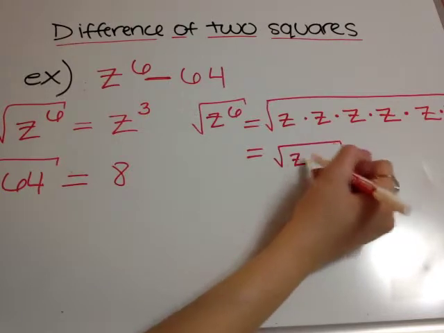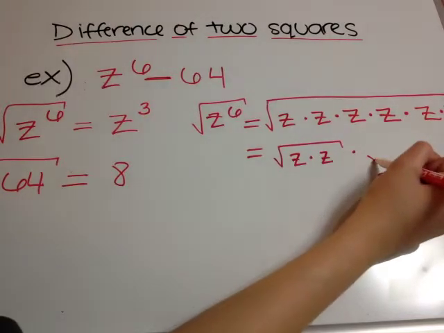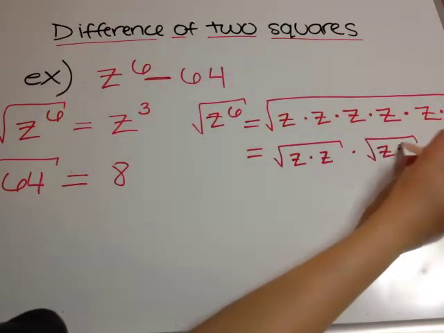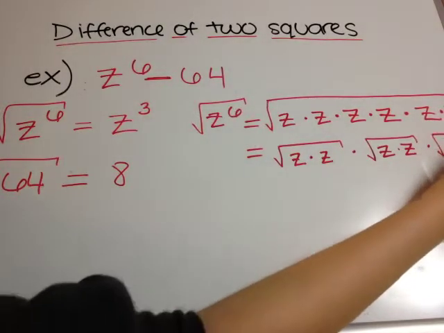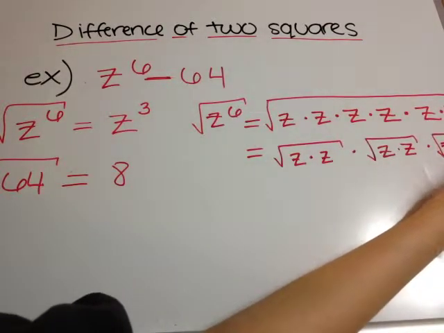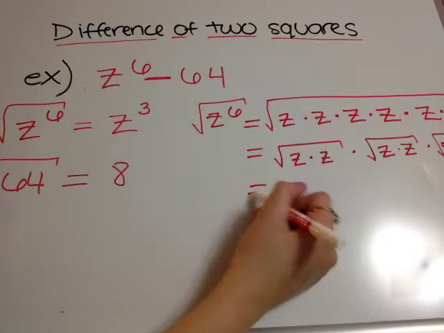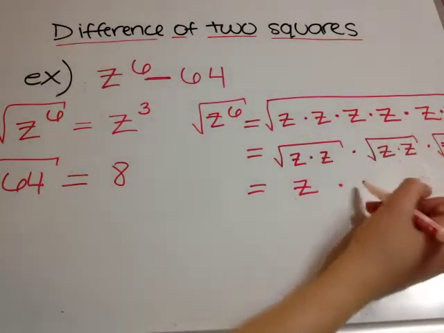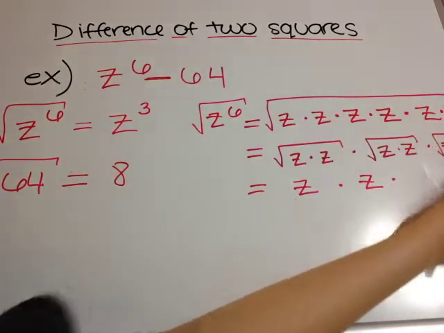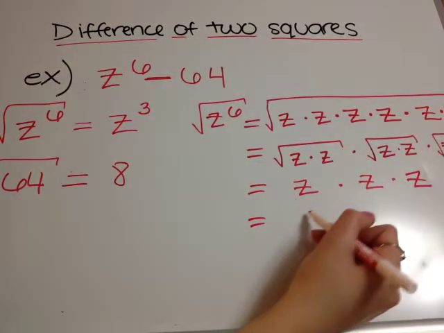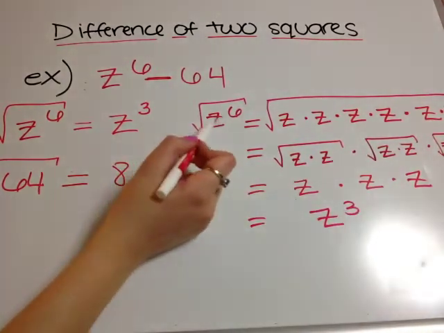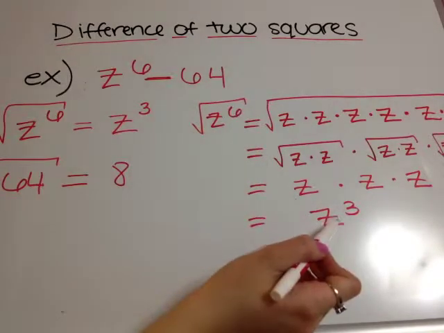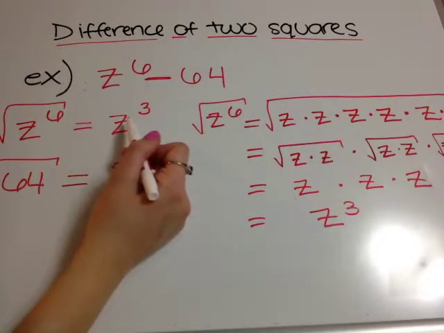This is the same thing as this, times the square root of z times z. And the square root of z squared is z. Square root of z squared is z. Square root of z squared is z, which gives us z cubed. So the square root of z to the 6 is z cubed because z cubed times z cubed is z to the 6.